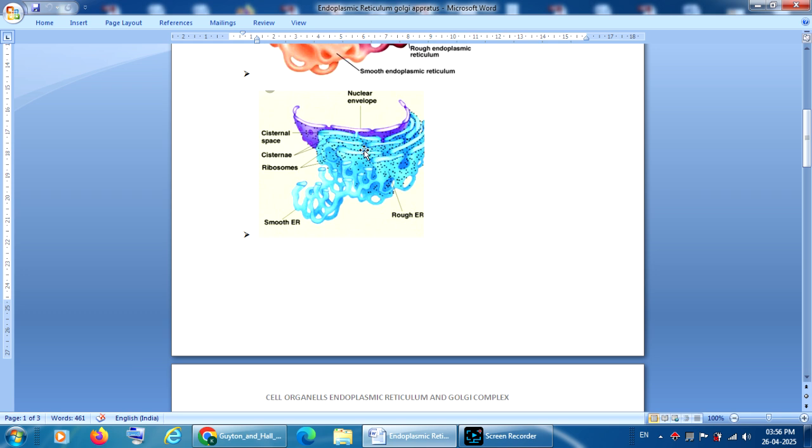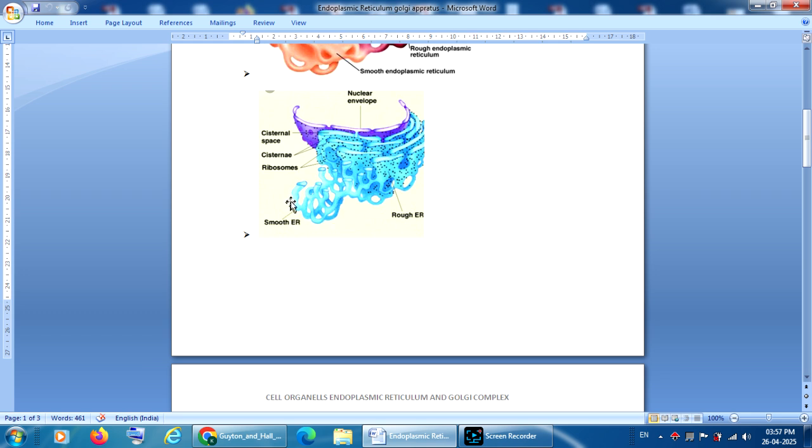See, this is attached to the nuclear envelope. See how this endoplasmic reticulum encroaches on the nuclear envelope and forms connections. These small granular structures are called ribosomes, which are attached to the endoplasmic reticulum, so it is called rough or granular endoplasmic reticulum.